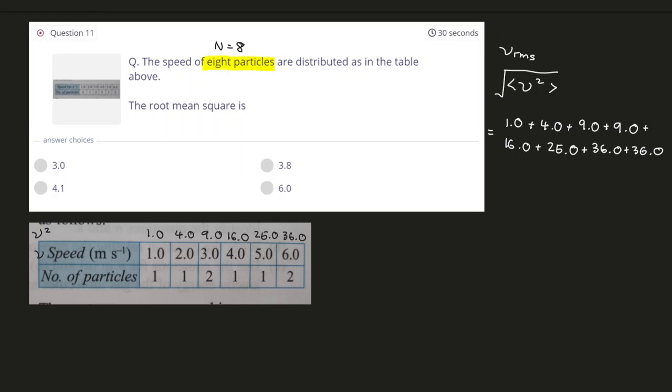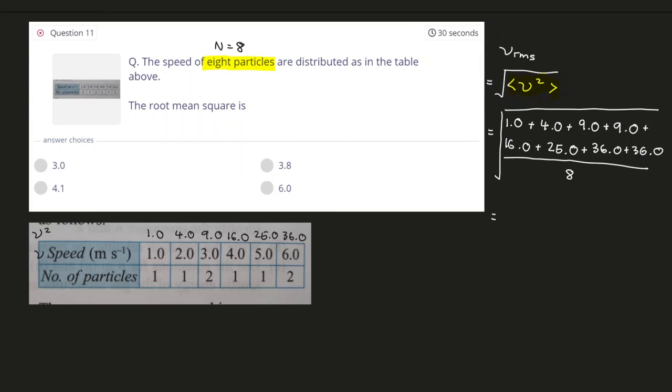So you have 1, 2, 3, 4, 5, 6, 7, 8, a total of 8 particles, which is what they mentioned in the question. Now you get the average by dividing by the total number of particles, 8. We have completed the inside of the square root, finding the average of the squares. The last thing to do is close out the bracket, close out the square root.